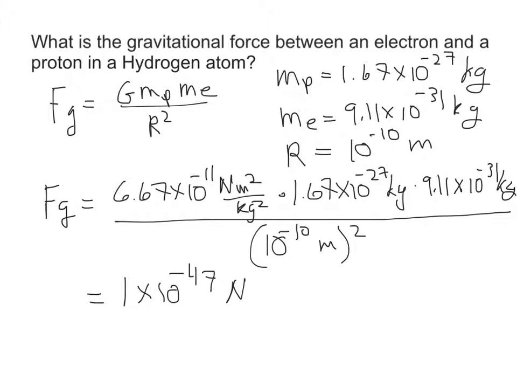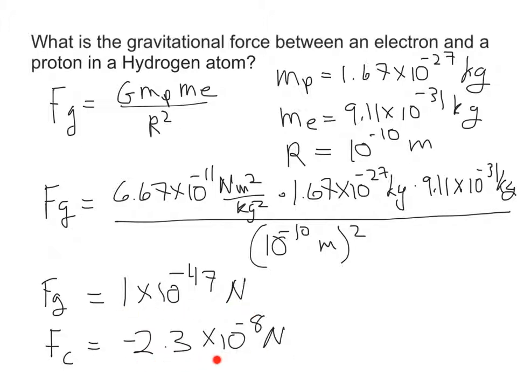Notice in the previous problem, I had the Coulomb force. There's the gravitational force. The Coulomb force was minus 2.3 times 10 to the minus 8th newtons. So this number is almost 10 to the 40th times bigger than the gravitational number.